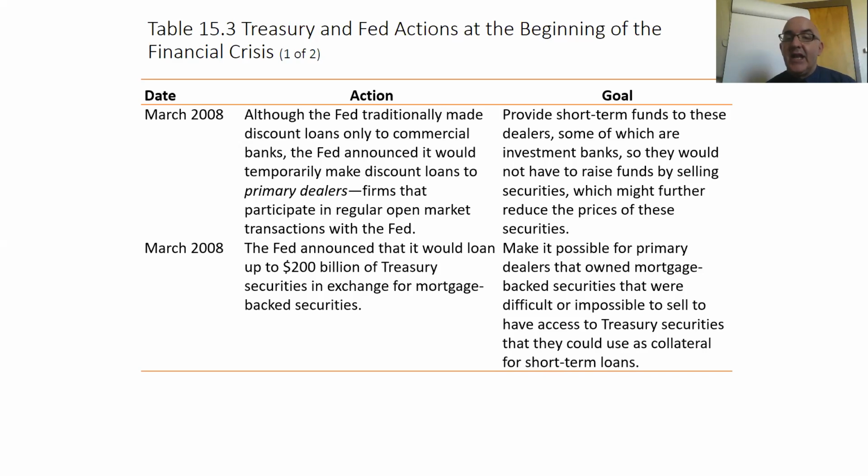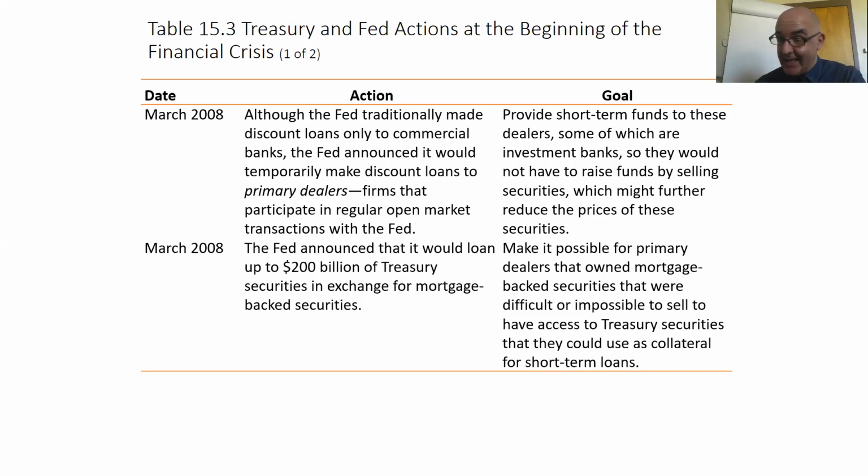And then it said it would loan out 200 billion, this is March 2008, of treasury securities in exchange for mortgage-backed securities. So basically they were saying, we'll give you gold-solid US debt in exchange for your rubbish that's not worth anything. And you think, oh, well, it's 200 billion for 200 billion, but basically we'll give you 200 billion worth of stuff which is actually worth 200 billion, for 200 billion worth of stuff that isn't actually worth anything.